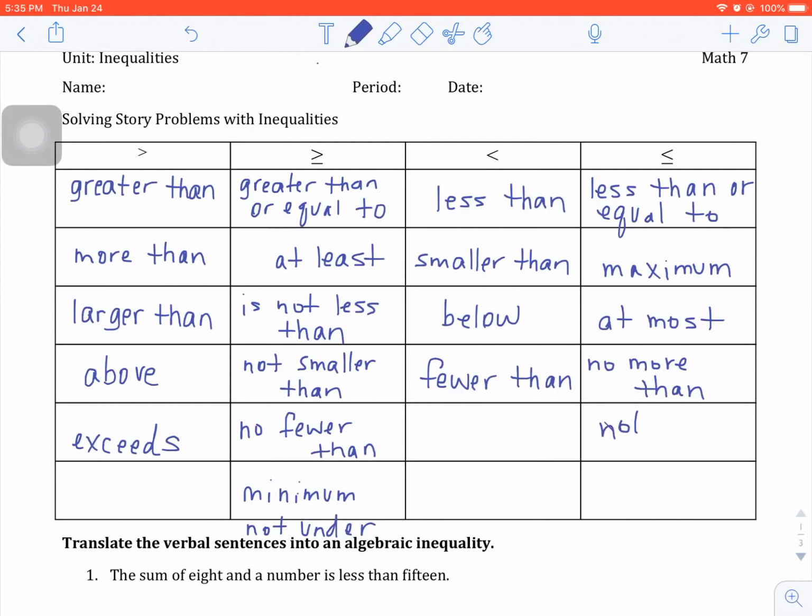Not above. Does not exceed. And at the very bottom I'm going to add not greater than.